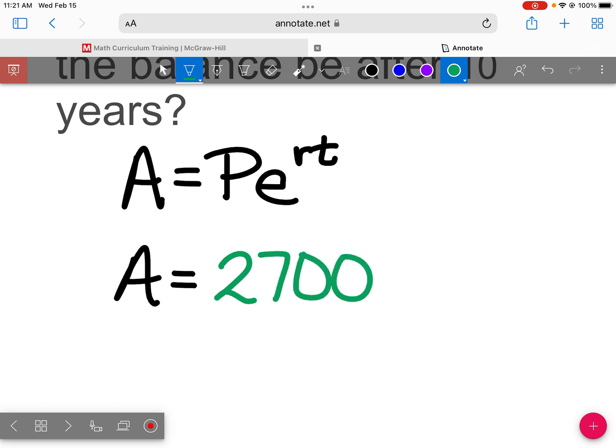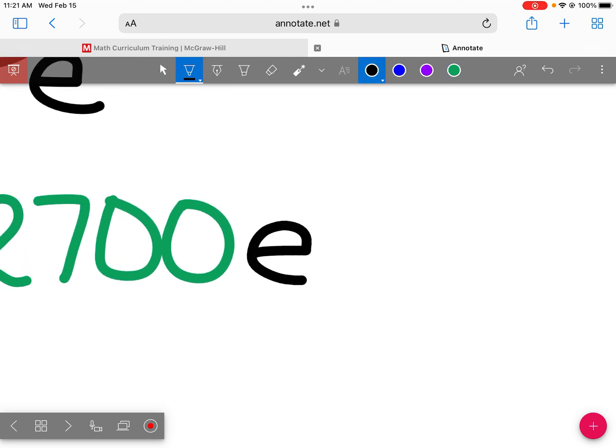What do I put in next? What comes after 2,700? The E. Remember, when you see continuously, we do not use parentheses and a 1 plus. Whenever you see continuously, we use E.